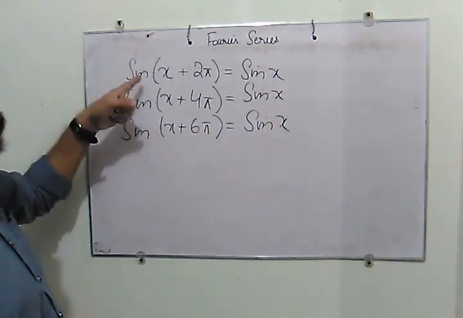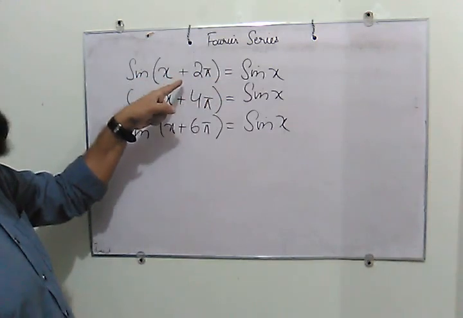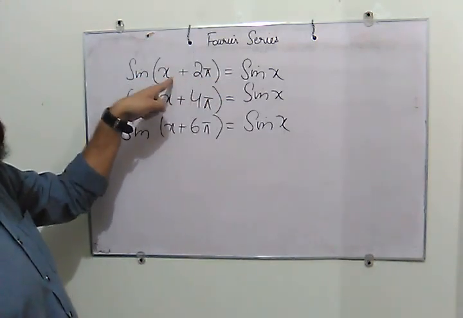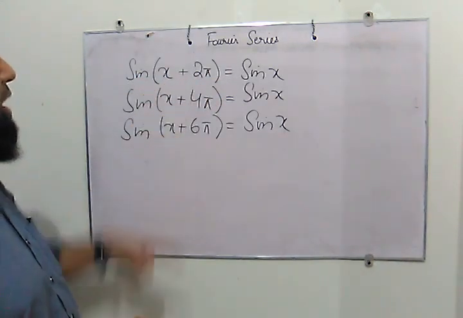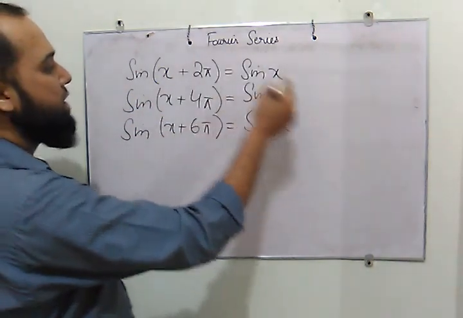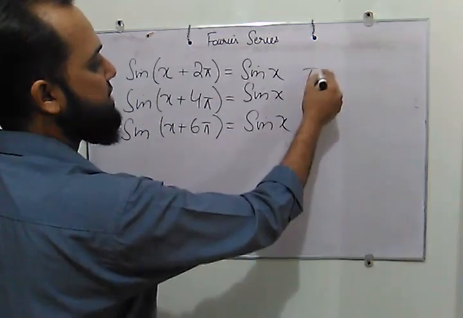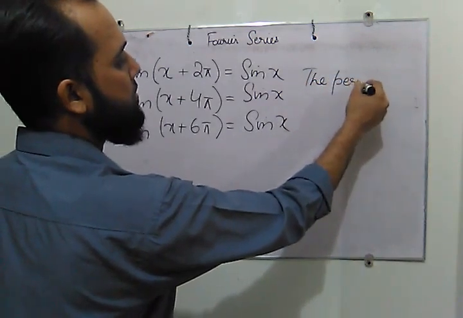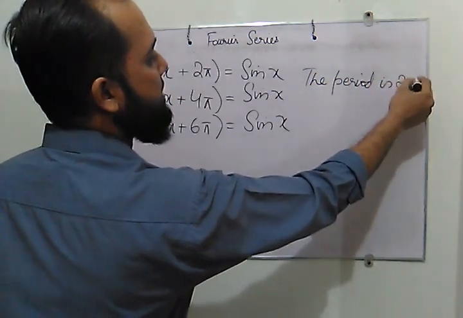Here we see that the sine x is same if 2 pi is added to x, 4 pi, 6 pi, but the least one is 2 pi. So here the period is 2 pi.